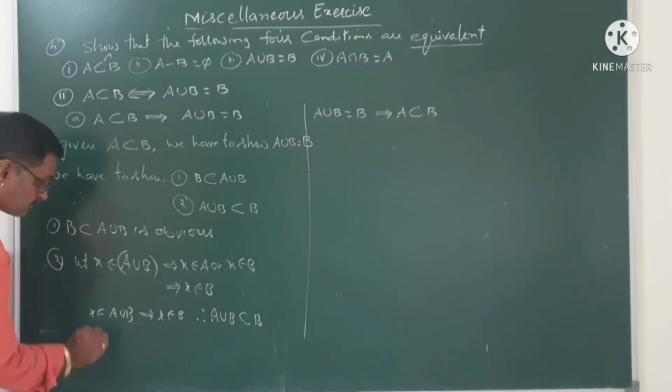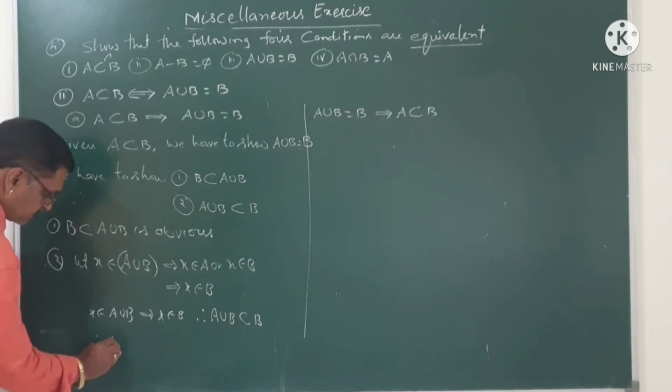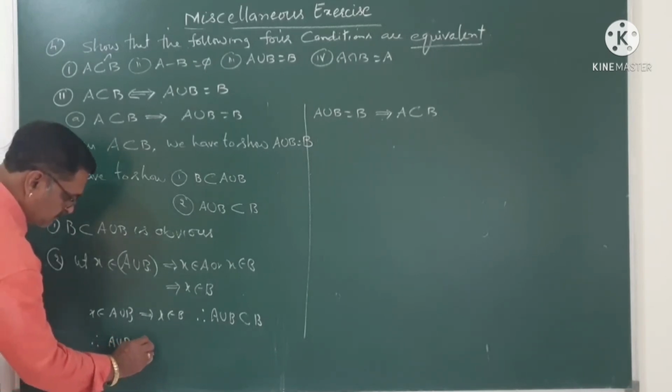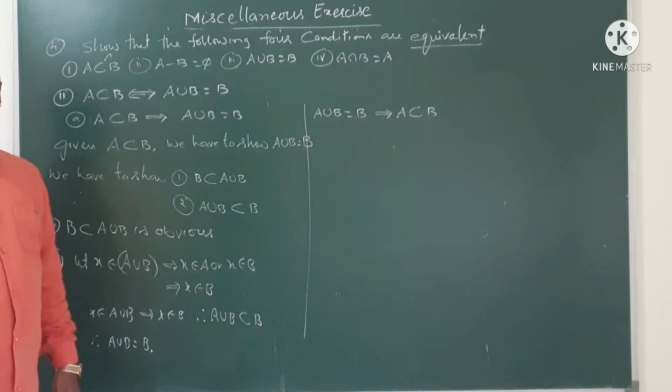Therefore, from 1 and 2, A union B is equal to B. First part over.